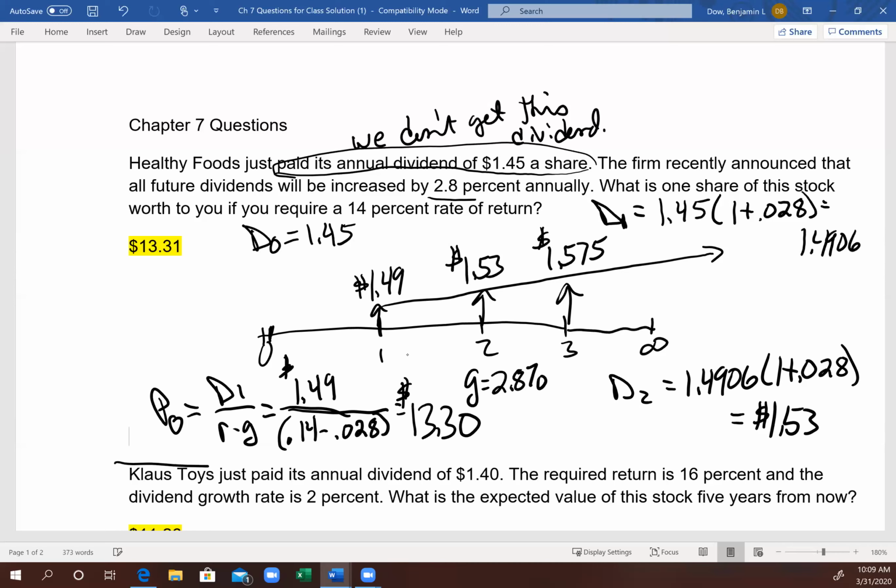And I got 1330. The reason I didn't get 1331 is because I didn't put in the 06 here. If you want to be real specific, you can put in the 06. And you get 1331.